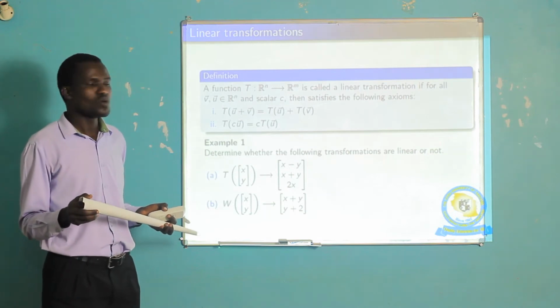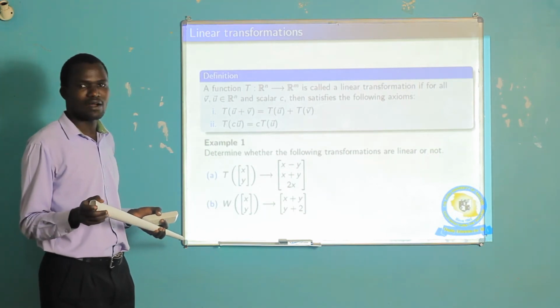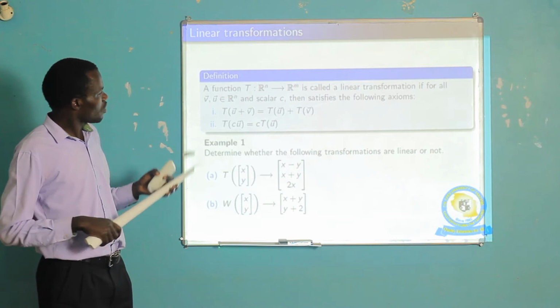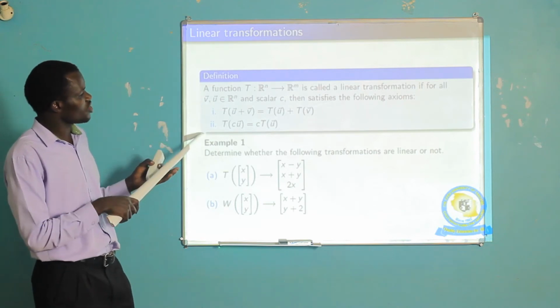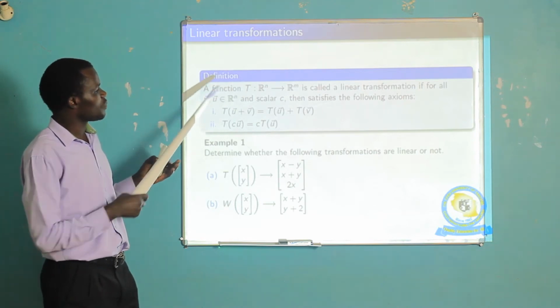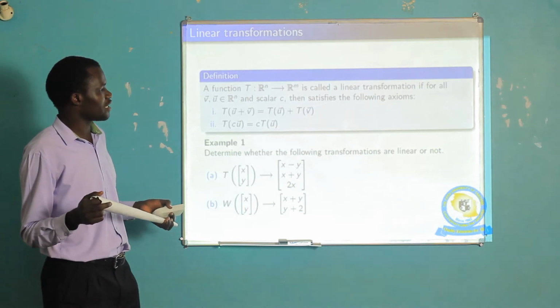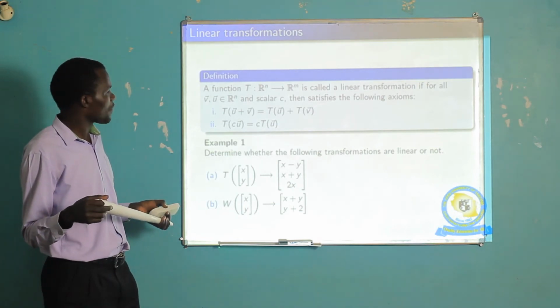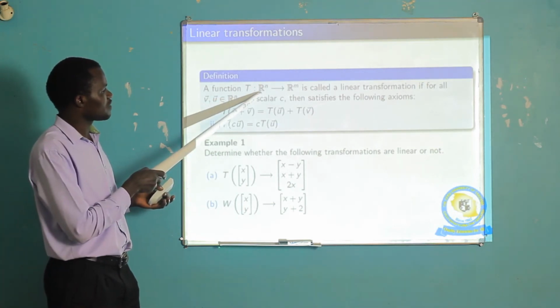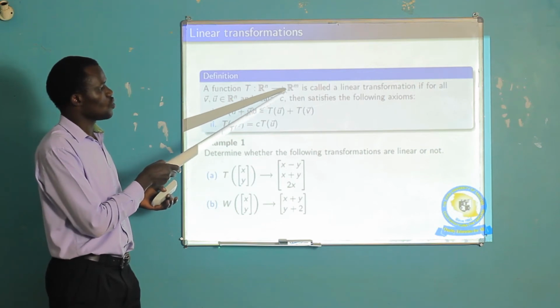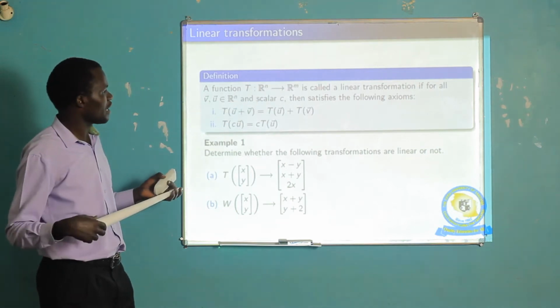In other words, we call it a scalar. In this definition, T represents a linear transformation, or a mapping, from one vector space Rn to the other vector space Rm.